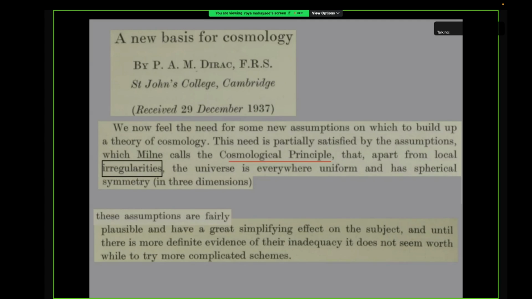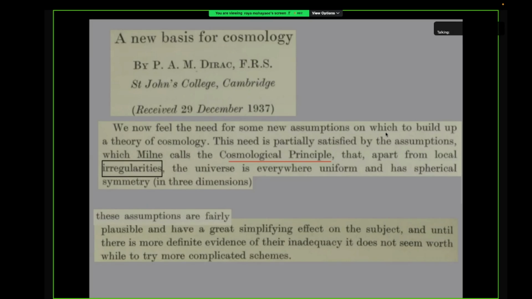So Paul Dirac writes this very nice account of Milne's model: we now feel the need for some new assumption on which to build up a theory of cosmology. This need is partially satisfied by the assumption which Milne calls the cosmological principle. Now, Dirac goes on, and this is very interesting.